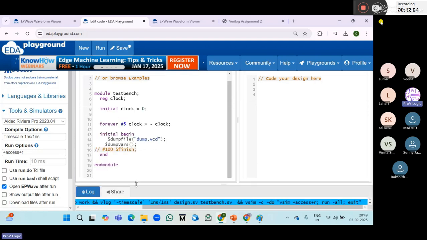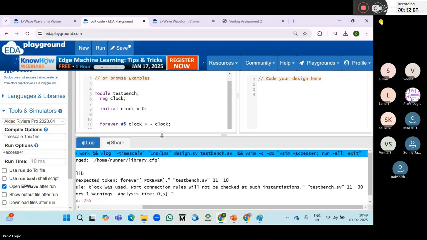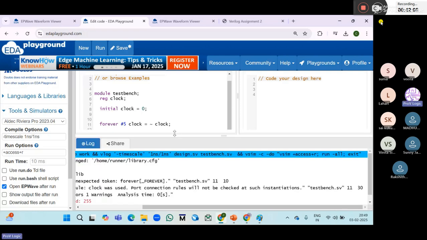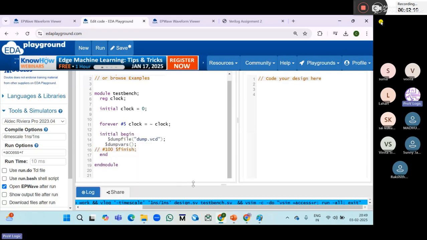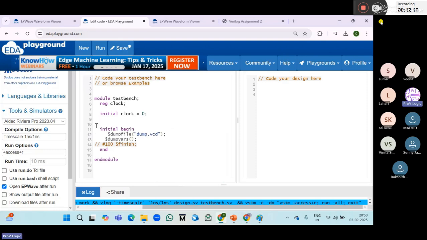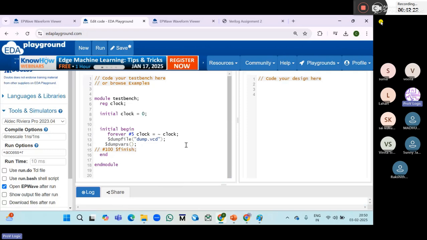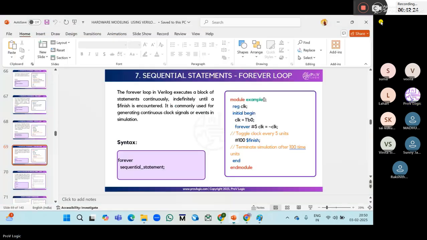Undefined module in 11th line. Okay, forever we need to write within the initial block. I hadn't written anything, so here I'm mentioning it inside the initial block. So run. Or else we can directly put it in the same block also. No problem, anything is the same.